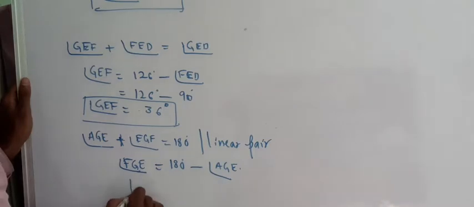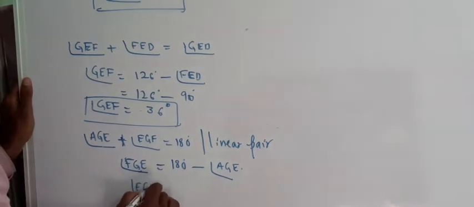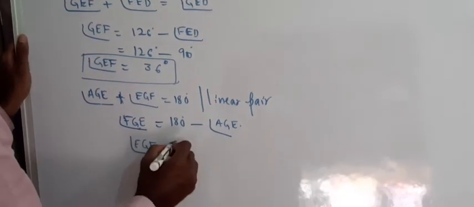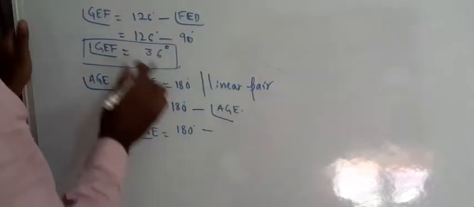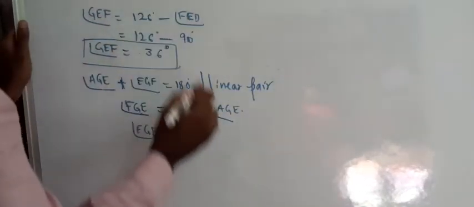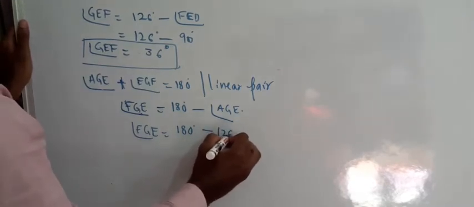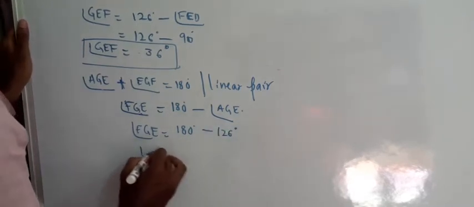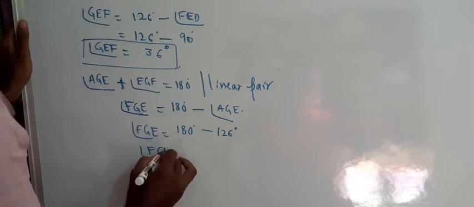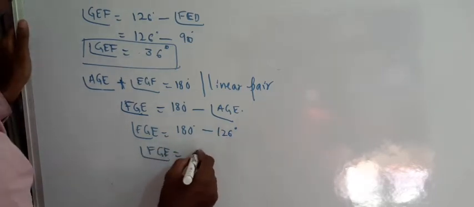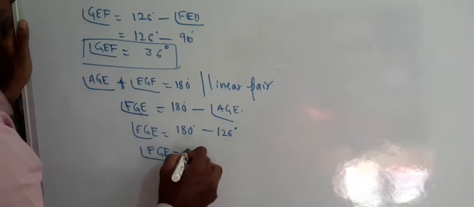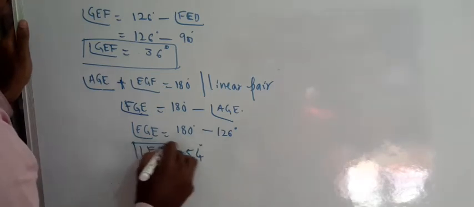Therefore angle FGE is equal to 180 degrees minus what is AGE? 126 degrees. So angle FGE is equal to 180 minus 126, which is 54 degrees.